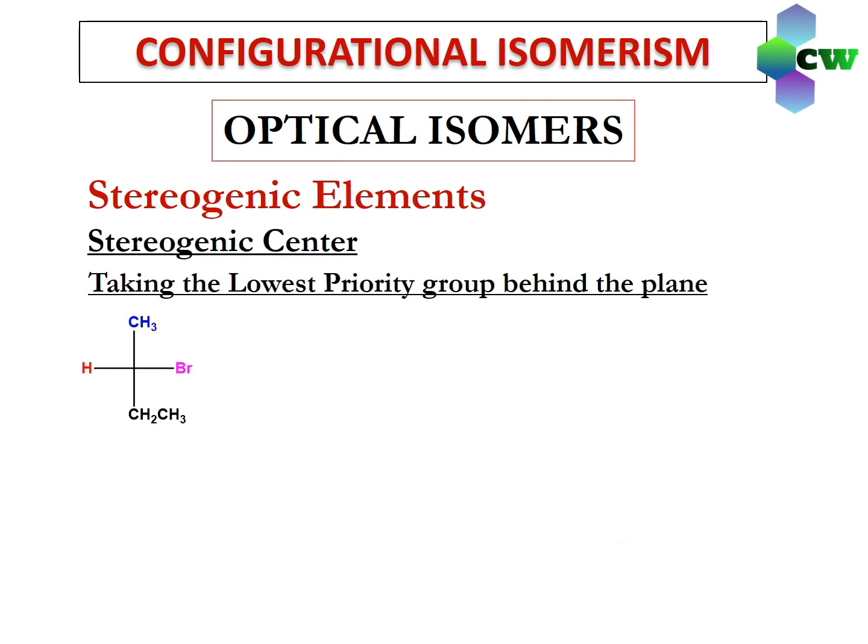So let's see how we can take this lowest priority group behind the plane, or onto the vertical axis if it is on the horizontal axis in this case, right?